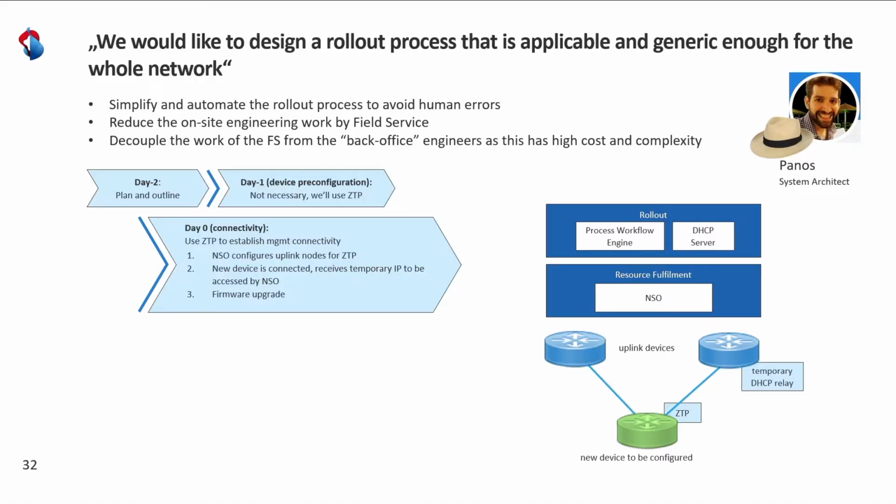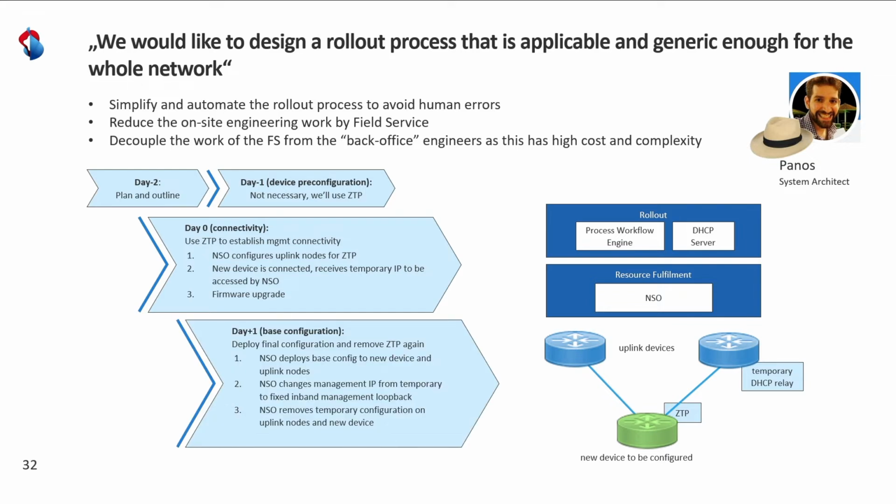So NSO is triggered by a process workflow engine to reconfigure the uplink devices only temporarily, so that they do support the zero-touch provisioning process. Then the device can be connected. It will acquire a temporary IP address, a firmware upgrade is done, and then it's now ready to receive its actual base configuration. So NSO can contact it.